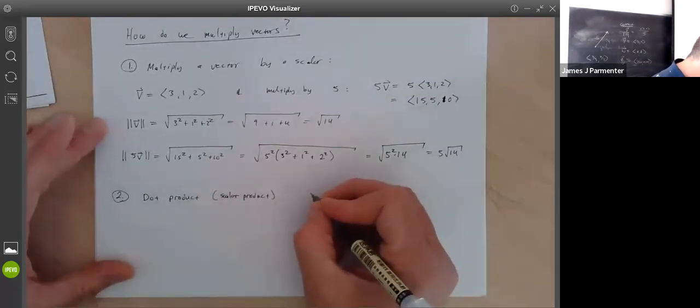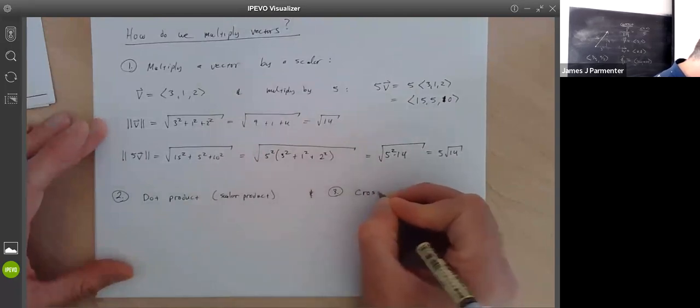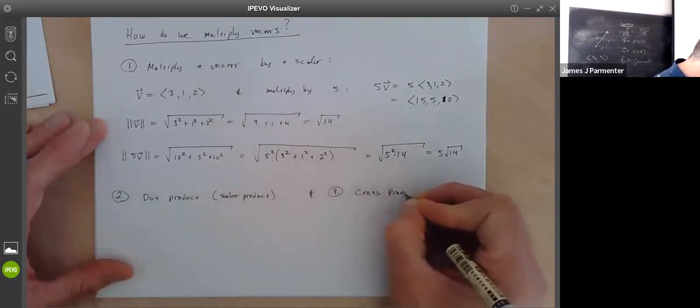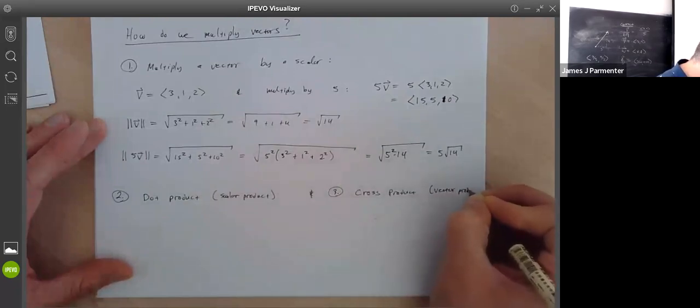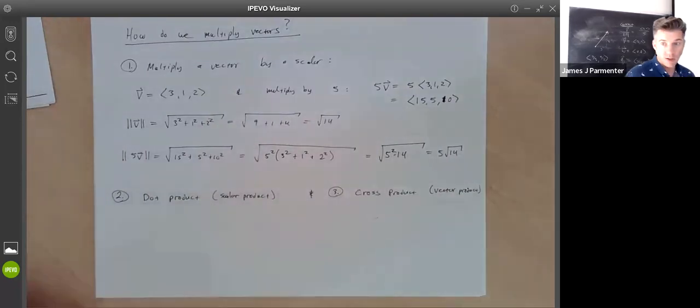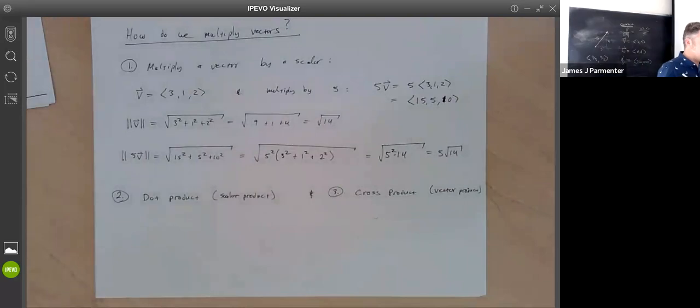And we also have the cross product, also sometimes called the vector product, because the output ends up being a vector. So when you dot 2 vectors together, you get a number. When you cross 2 vectors together, you get a vector.